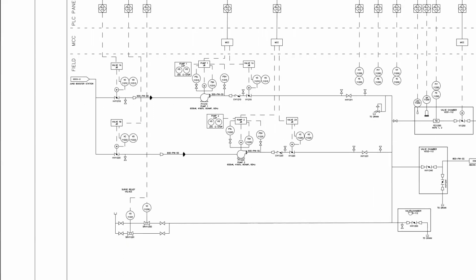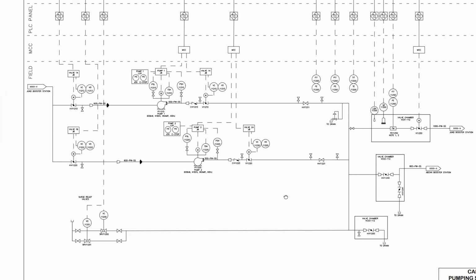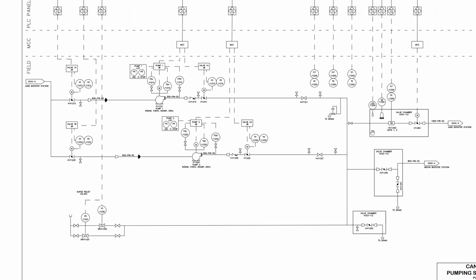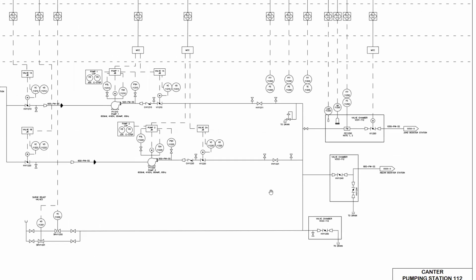Surge relief would normally have a controller set up around here, so they would monitor pressure. And if a spike in pressure were sensed, these valves would open and then dump additional water to a drain to prevent damaging any of the equipment in here.